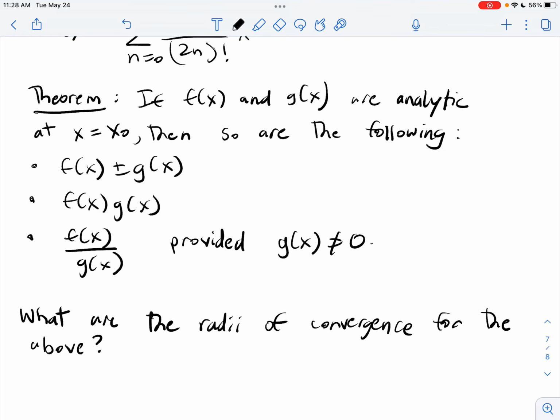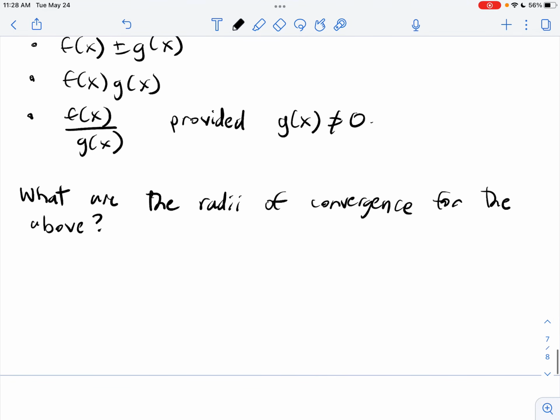In order to answer this question, we do need a theorem. This theorem is mainly going to apply to this last case, because that's when things get a little tricky, right? When you're dividing by something. So let's look at the following theorem.